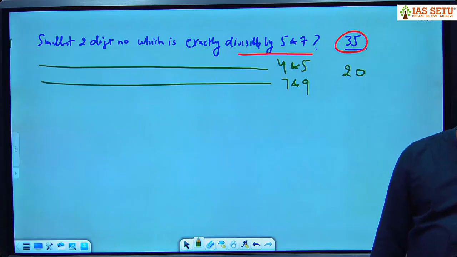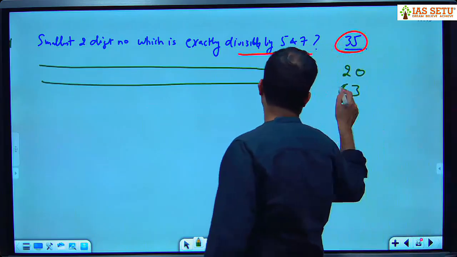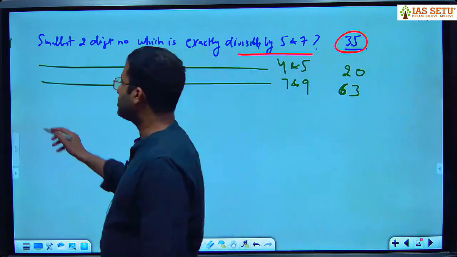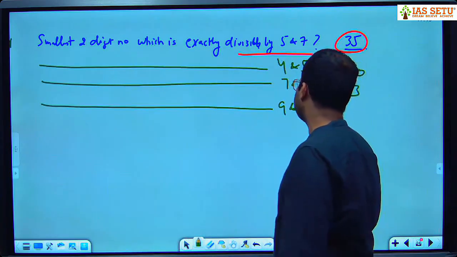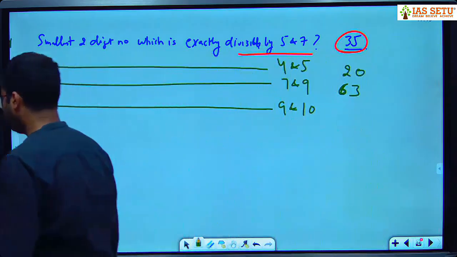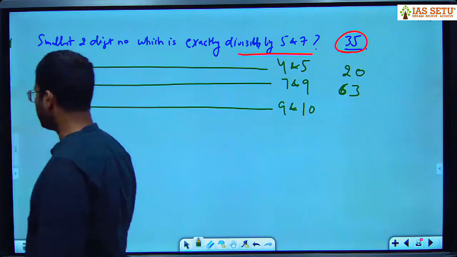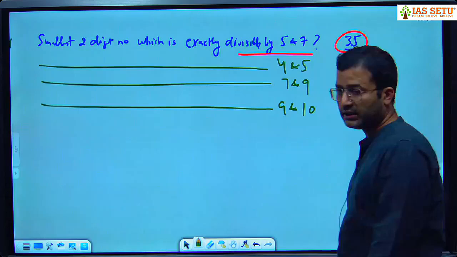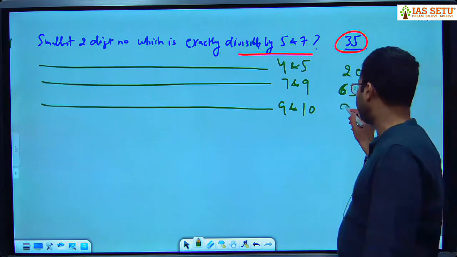Yes, 63. Tell me the smallest two-digit number which is exactly divisible by 9 and 10. Yes, very good, 90.